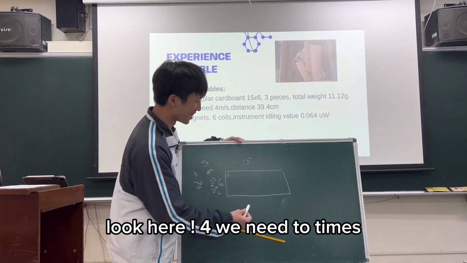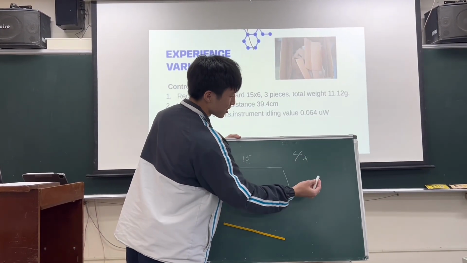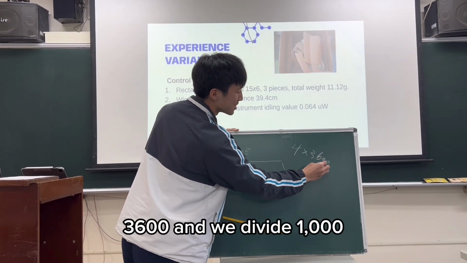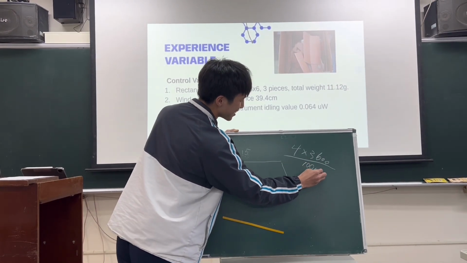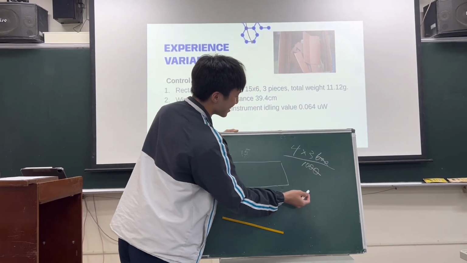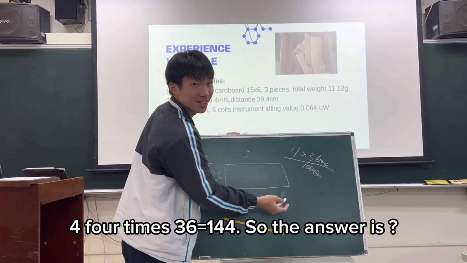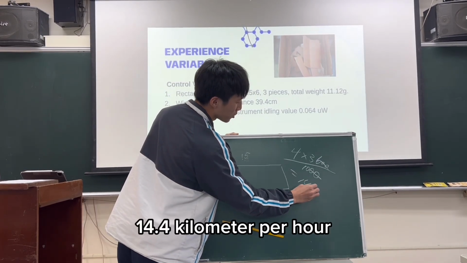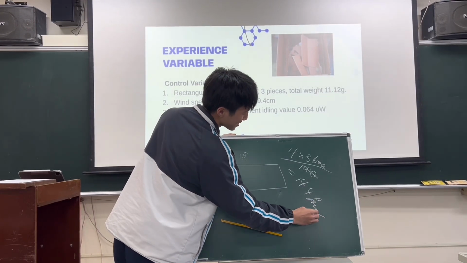Look here, 4 times 3,600 divided by 1,000. 4 times 36 is 144, so it's 14.4 kilometers per hour.